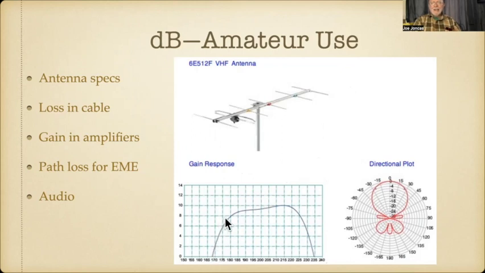Here is the gain of the antenna compared to frequency down here, 220 megahertz, which is almost 10 dB. These are dB. 0 would be, if you had a dipole, this is how much gain over a dipole.